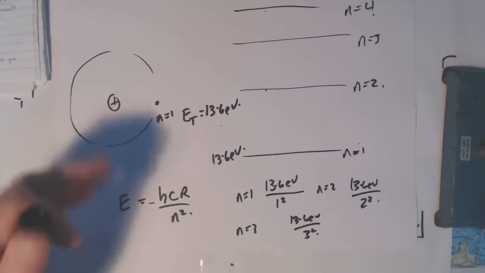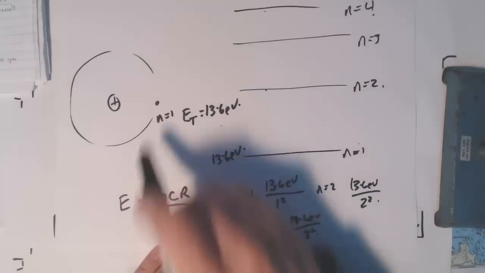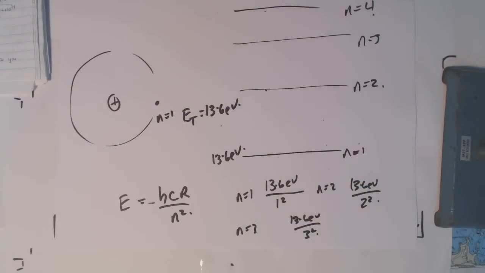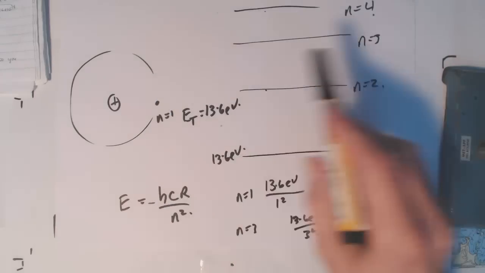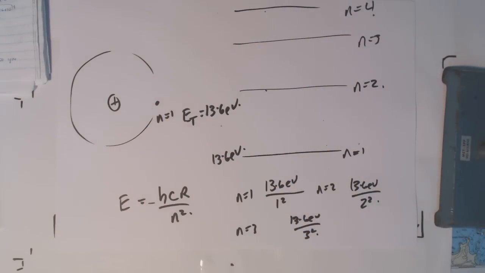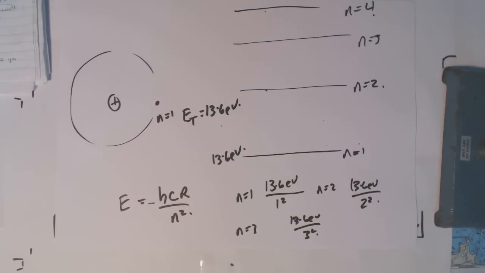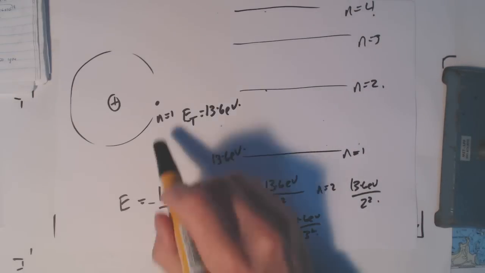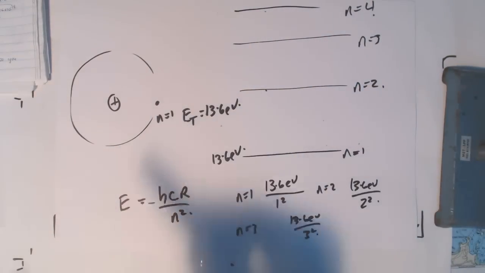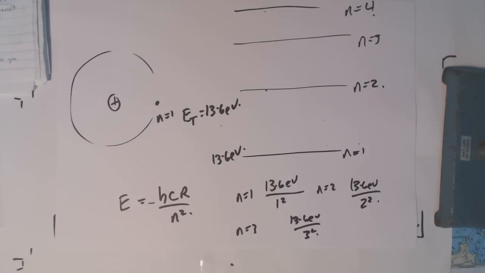It's negative because we say that potential energy, when you rip an electron off an atom, if you take it all the way to infinity, then that energy will equal 0. So that's gaining energy to do that. So it must have less energy than 0, and so we give it a negative number. But changes in energy are positive energy. They are not negative energy. This is just where we start our scale, if you like.